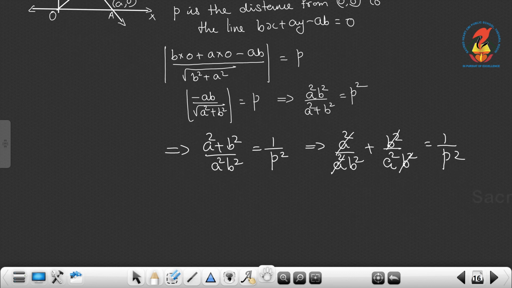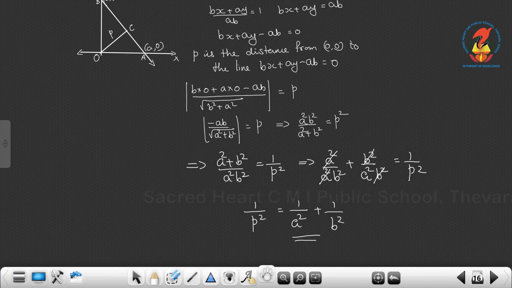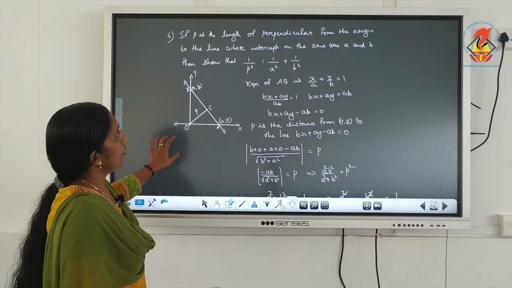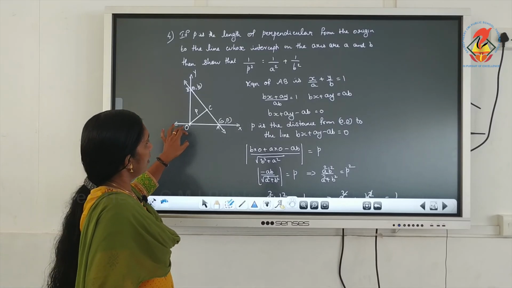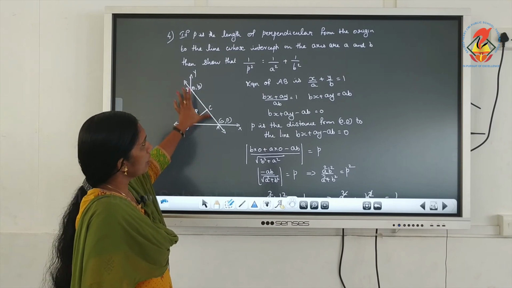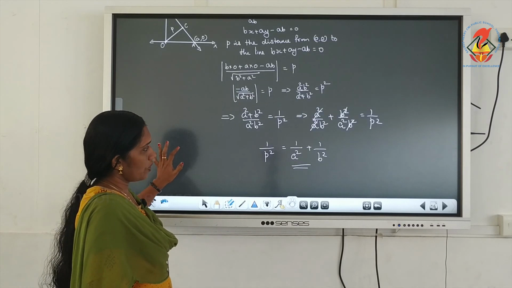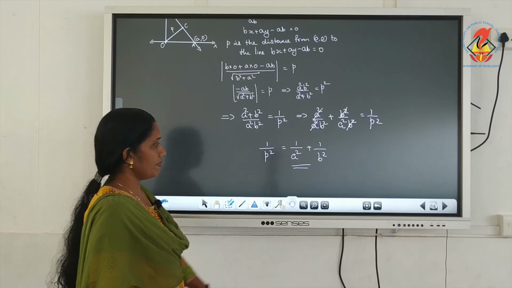So what we get is 1 by p square is equal to 1 by b square plus 1 by a square, or 1 by a square plus 1 by b square. That is the question. So if p is the length of the perpendicular from the origin to the line, then 1 by p square is equal to 1 by a square plus 1 by b square.